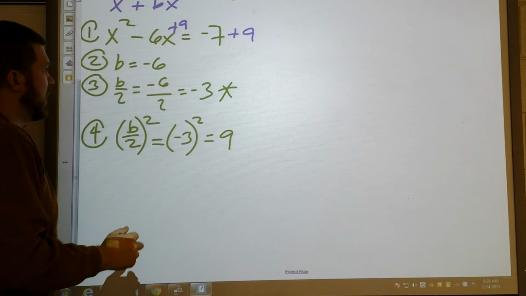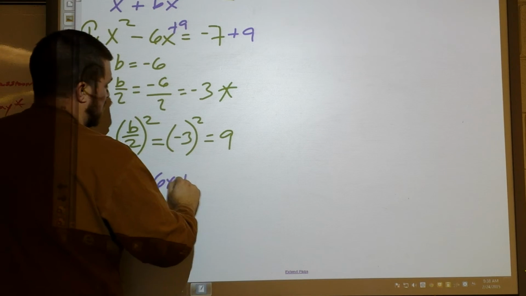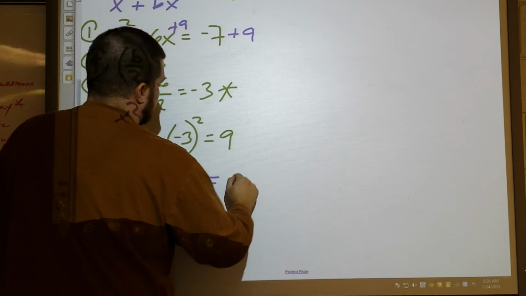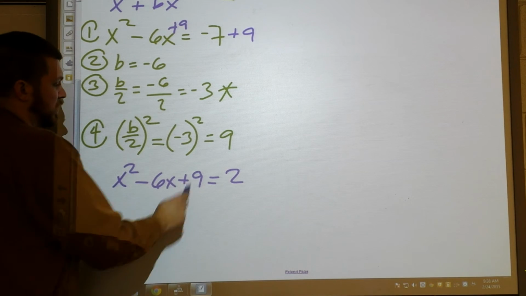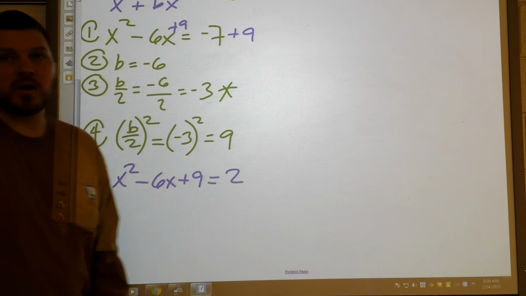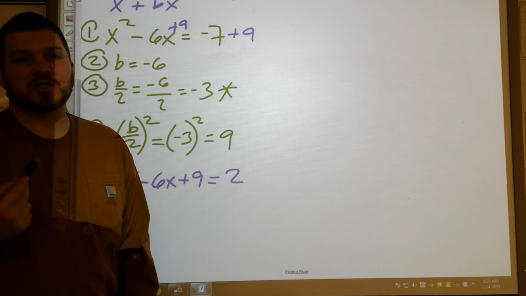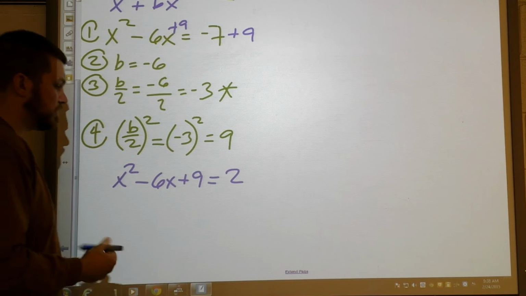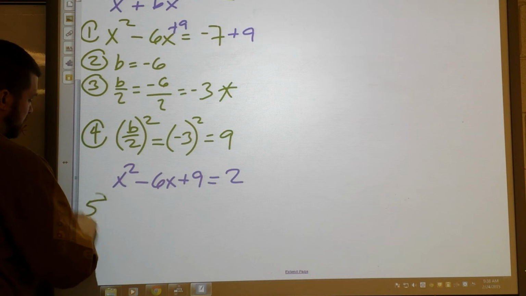So this is where I'm at. X squared minus 6x plus 9 is equal to 2. This x squared minus 6x plus 9 is a perfect square trinomial. I want to write that perfect square trinomial as the square of a binomial. So I have to do my last and final step.